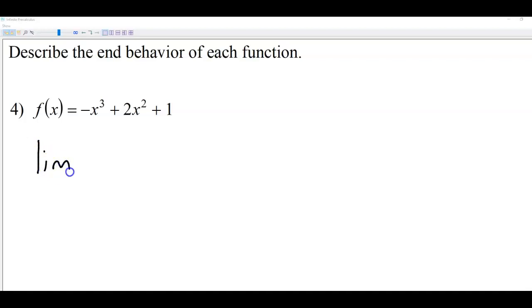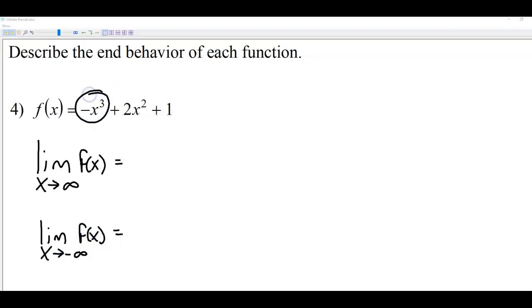So I want to find my end behavior on the right side, and I want to find my end behavior on the left side. The one that determines the end behavior is the first term. Here we're plugging in a positive infinity.